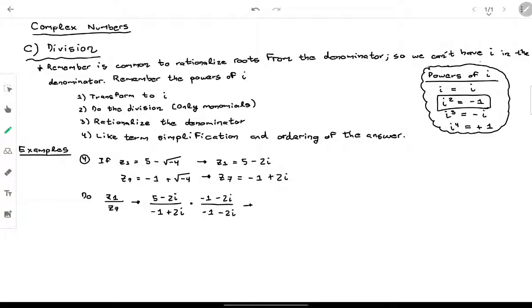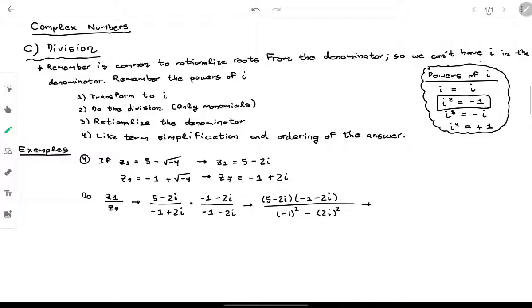So what will happen here? Of course, in the denominator, it will be the product of the sum and difference. The product of the sum and difference says the one that does not change sign squared minus the one that changes sign squared. On top is going to be a binomial times a binomial multiplication.